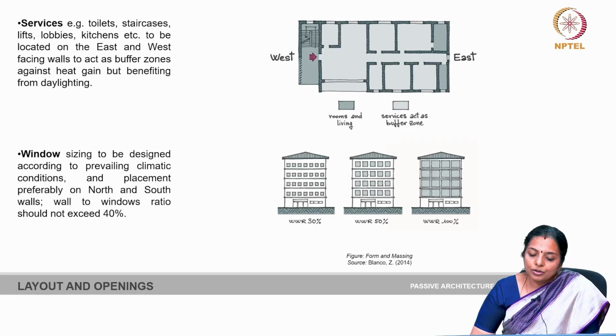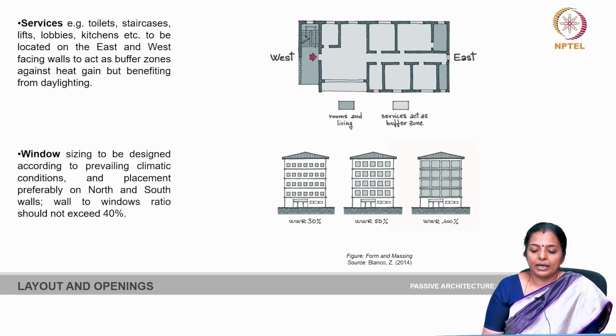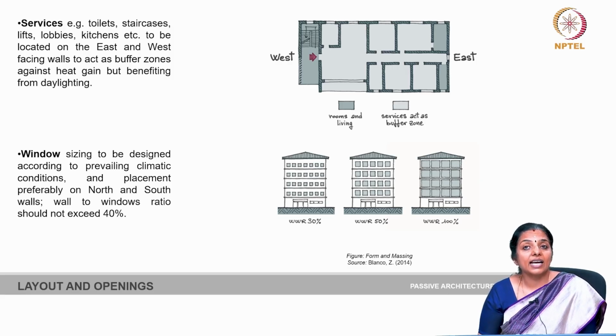planning. You should also understand, when you are designing in a climate where the western sun is very harsh, which is largely the tropical belt, then placing service areas such as toilets, staircases, lifts, lobbies, sometimes kitchens on the east and west facing wall can act as buffer zones against direct sunlight and heat gain.